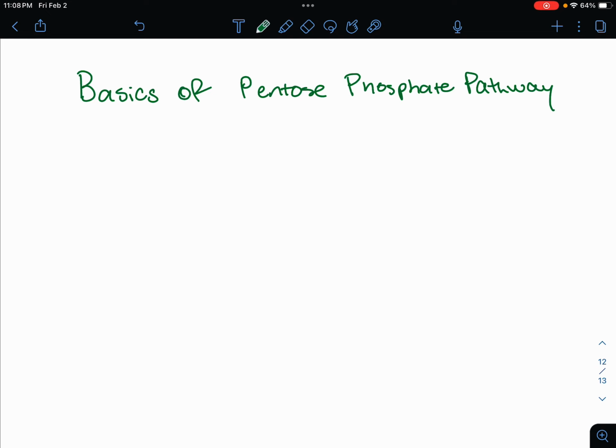Okay, so the pentose phosphate pathway is going to make NADPH, which is crucial in order to regulate how glucose 6-phosphate is being used in the cell, as well as serve as a defense against oxidative damage.